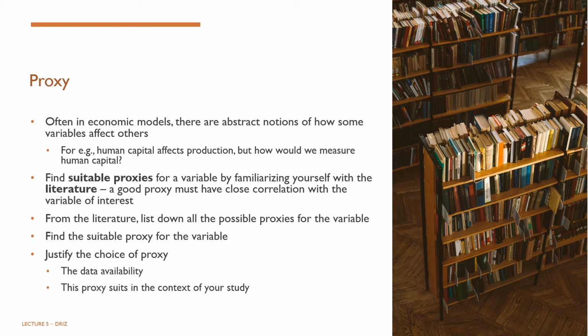For a variable to be a good proxy, it must have a close correlation with a variable of interest. From the literature, list down all of the possible proxies for the variable. Then from the list, choose a suitable proxy for the variable and justify the choice of your proxy by looking at data availability and whether or not the proxy suits the context of your study.